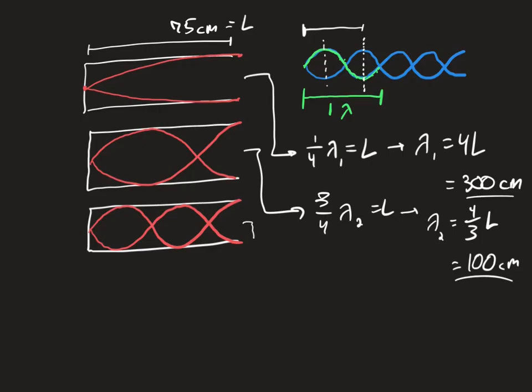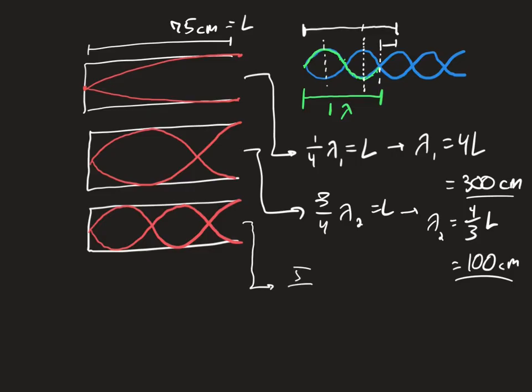The last one here, you can probably figure out the pattern. The pattern looks like it's going to be 1/4, 3/4, 5/4, but let's be a little careful about that. So we're going to go all the way over here to there. One wavelength is right there, and you can see that, yeah, that's one wavelength. We've got another 1/4 of a wave.